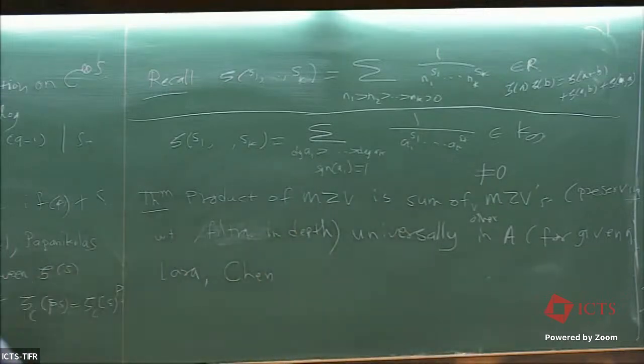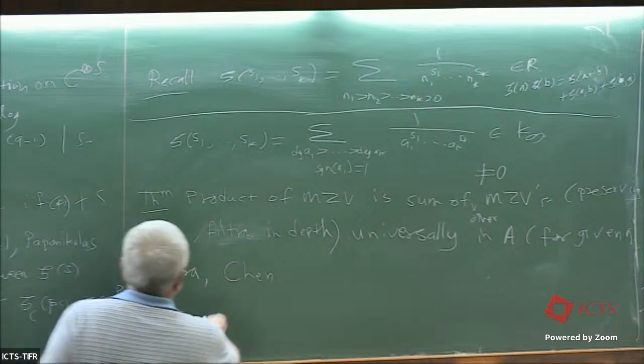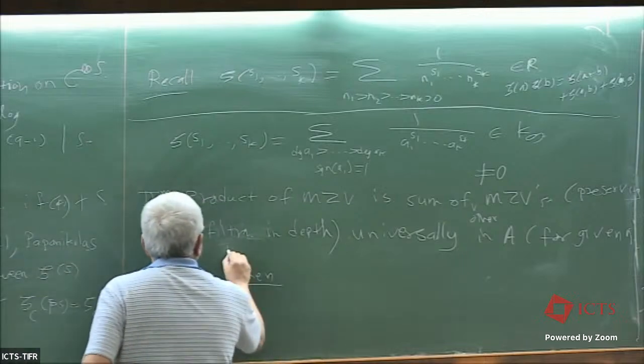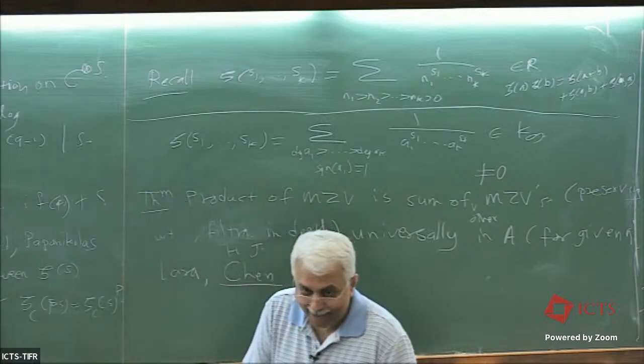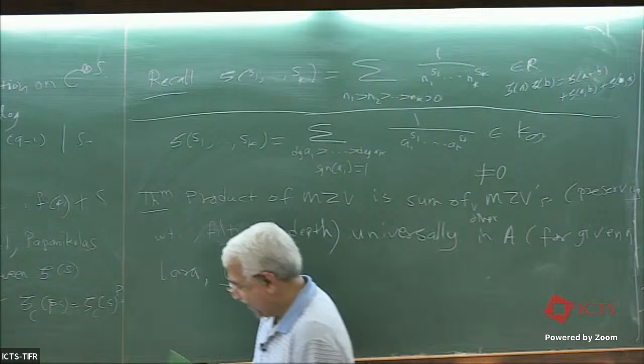Okay, so Chen's formula, and you will see that it looks like some formula you already saw here. This is Chen's formula, Yuzheng Chen, H.J. Chen, because just saying Chen would identify 3 million people.